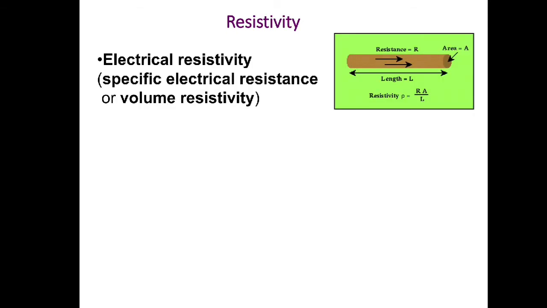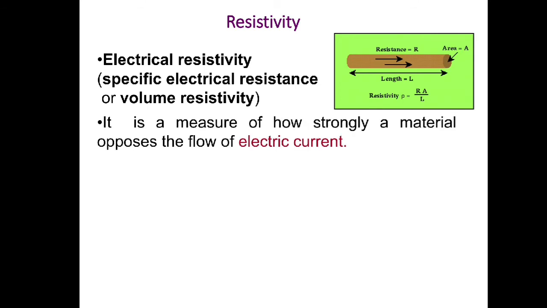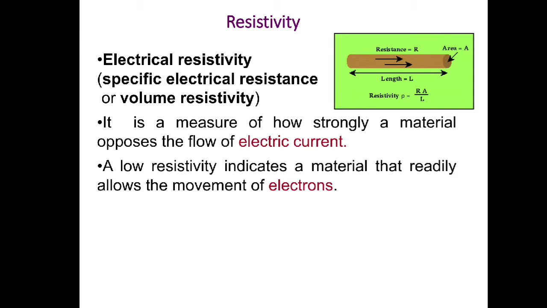Let us see what is resistivity, or electrical resistivity, or specific electrical resistance, or volume resistivity. To explain this, let us consider a conductor having an area of cross section A and a length L, which has a resistance of R. Resistivity is defined as how strongly a material opposes the flow of electric current.